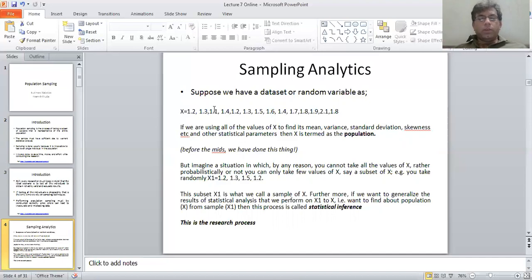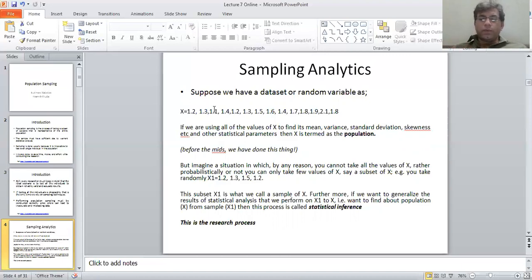If I take the mean of the sample, for example, then how can I estimate the mean of the population from the sample mean? If I find the variance of the sample, then how can I use this variance to estimate the variance of the population?